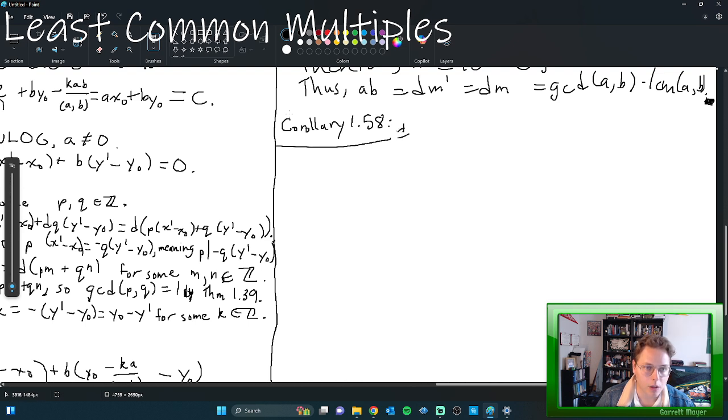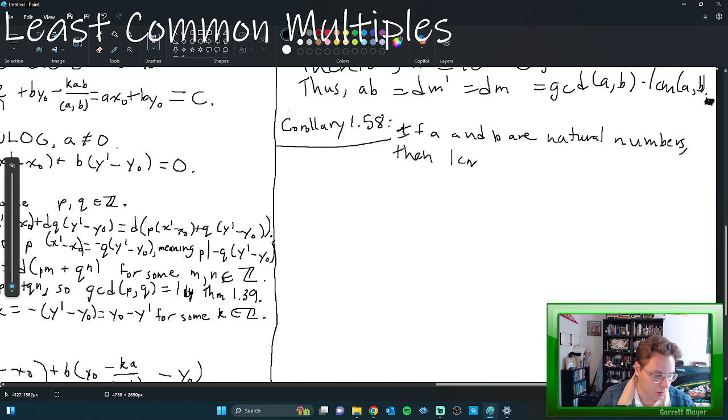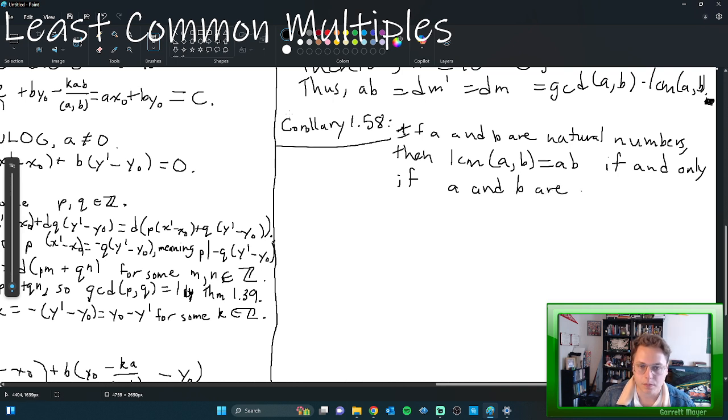If a and b are naturals, then the least common multiple of a and b equals ab if and only if a and b are relatively prime. Or in other words, if we wanted to really write this out, i.e. GCD of a and b is 1.